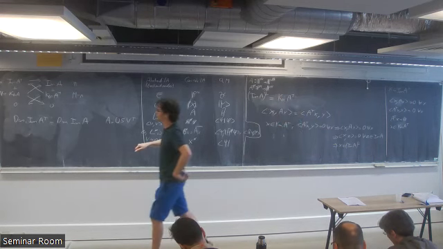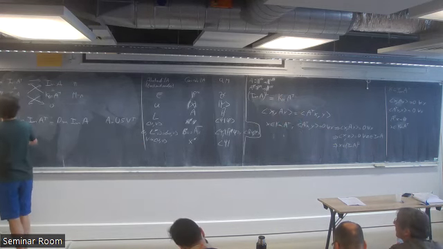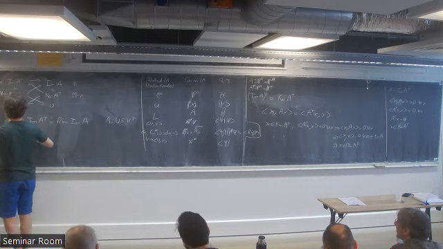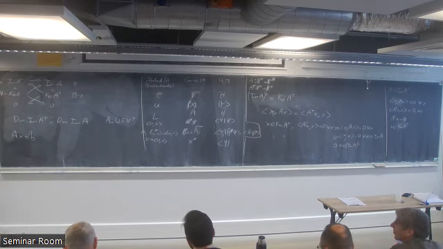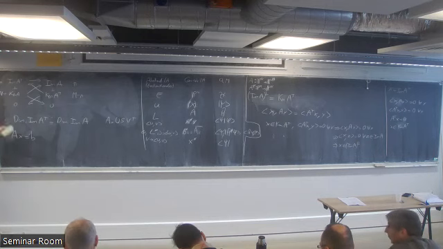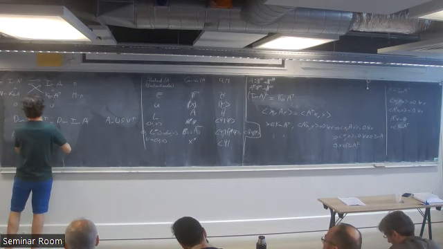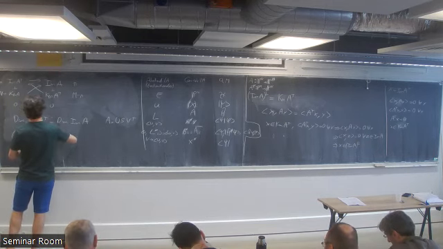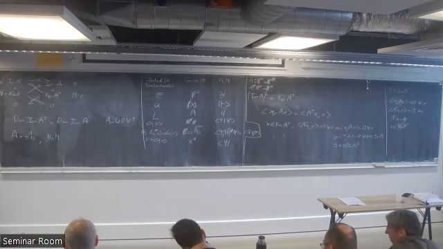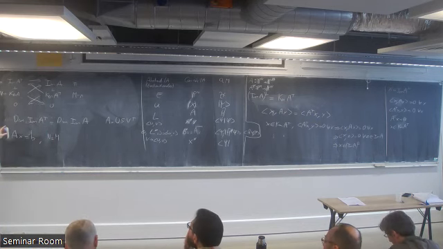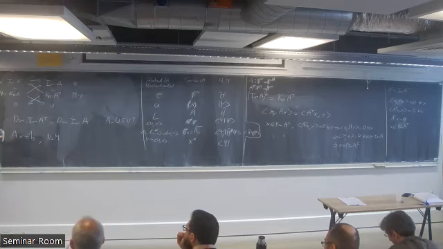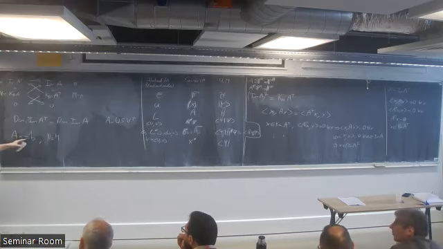So assume you want to solve Ax equals b, with A square, for instance, just to make things simpler. If A is invertible, this is fine. There's a unique solution, my life is good, everything is good.